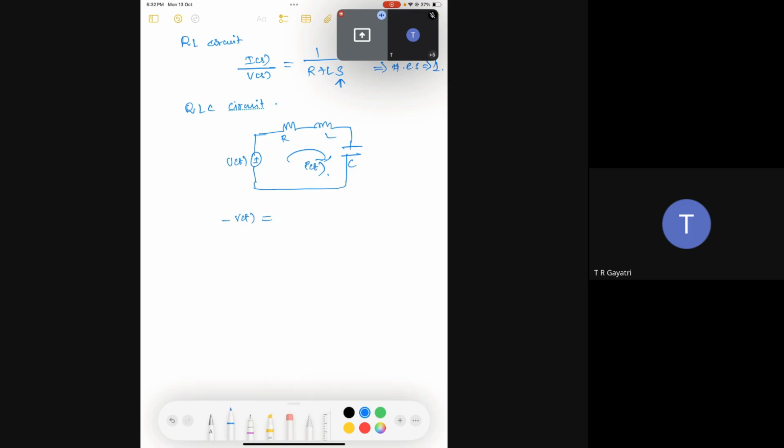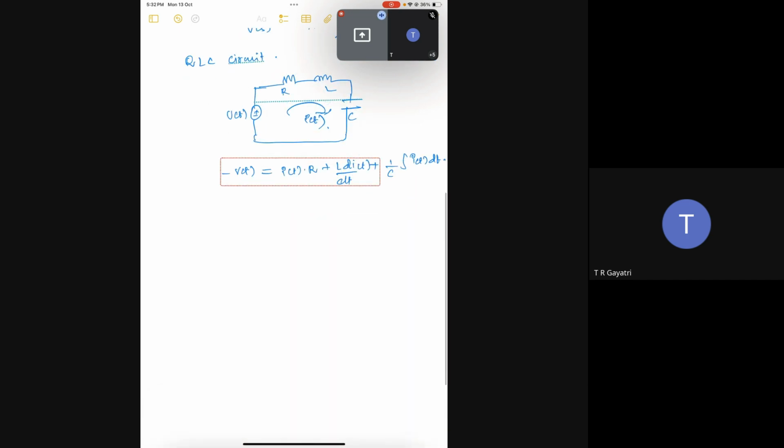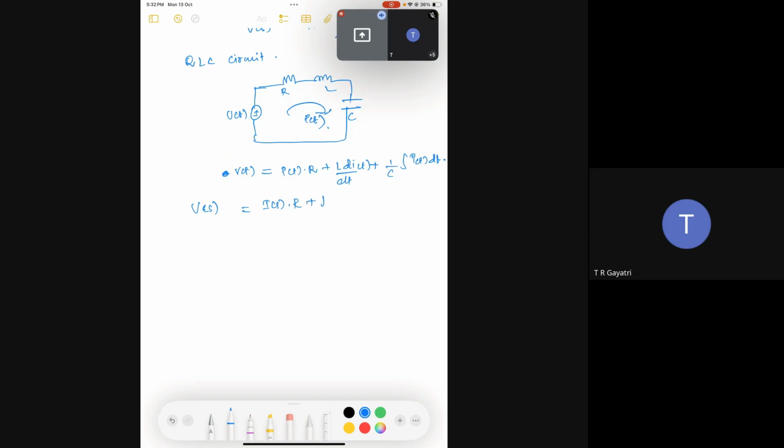Let us just write the equation to make it clear. V of t equals I of t into R plus L di by dt plus 1 by C integral of I of t dt. That's how we write the voltage across the capacitor. When I take the Laplace transform, this will become V of s equals I of s into R, L is again a constant, Ls into I of s, plus 1 by C is a constant. For differentiation we add s, for integration we add 1 by s, so 1 by s into I of s.